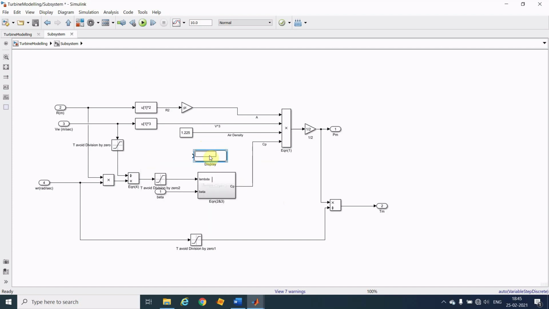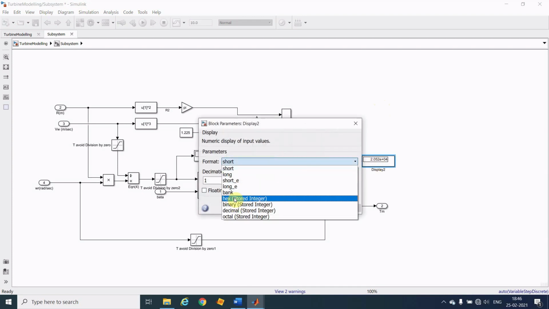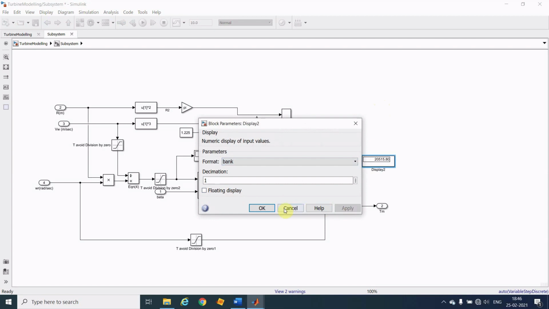So display here, we will see what is the lambda, what is the CP, and what is the power. Now run it. See here what is coming. We have considered 8.1 lambda as designing parameter and CP 0.41, and we are getting the rated output, that is 20.5 kilowatt.